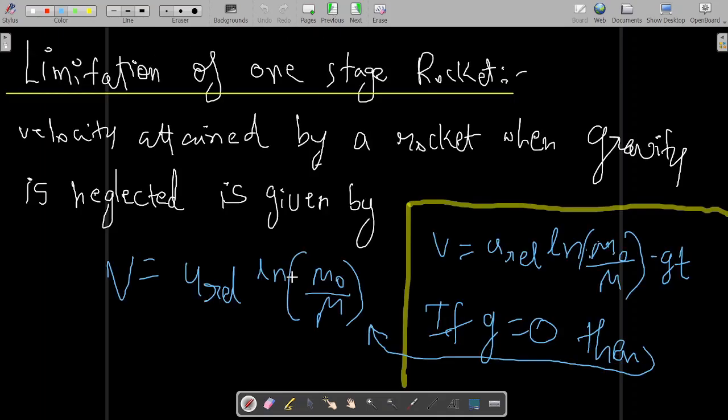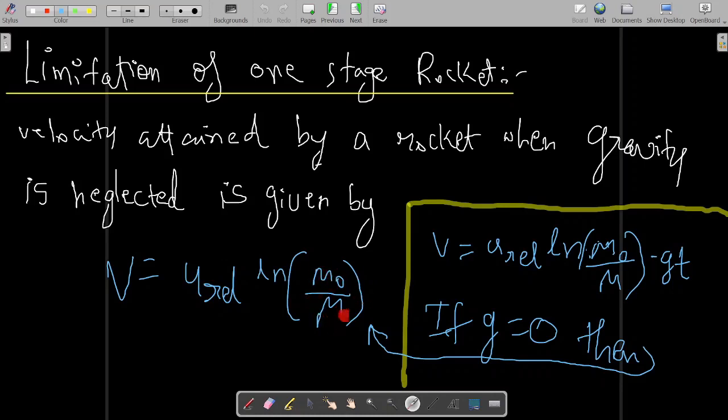So it is clear that the ultimate velocity of the rocket can be increased by increasing exhaust velocity u relative. You can see over here that the ultimate velocity, which is the final velocity attained by the rocket, can be increased by increasing the exhaust velocity u relative, or by increasing the ratio m naught over m.